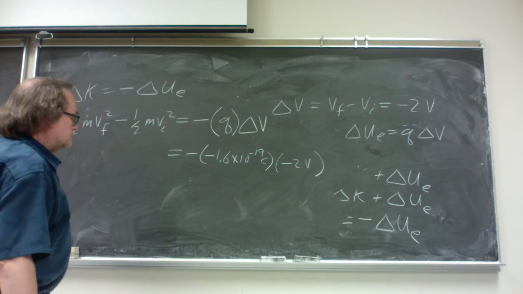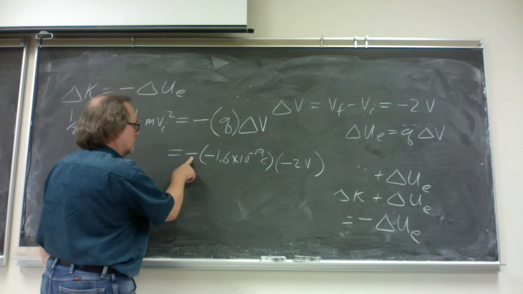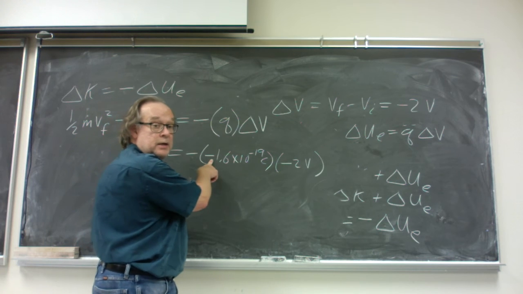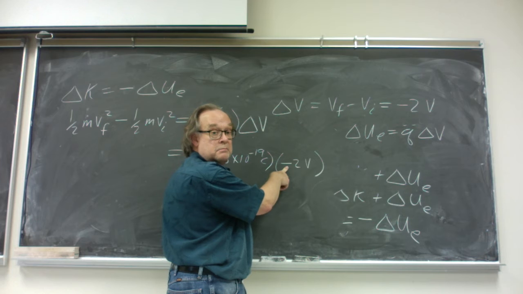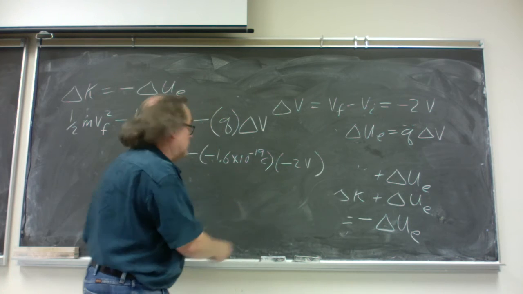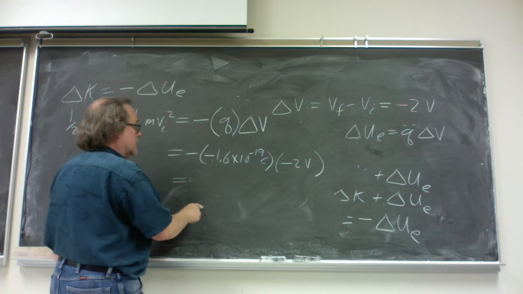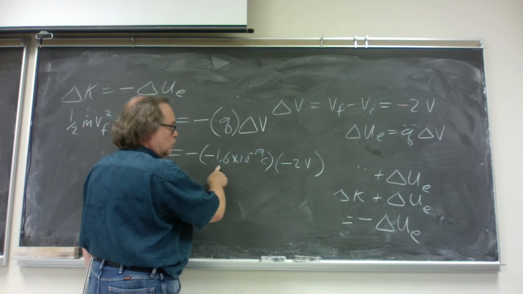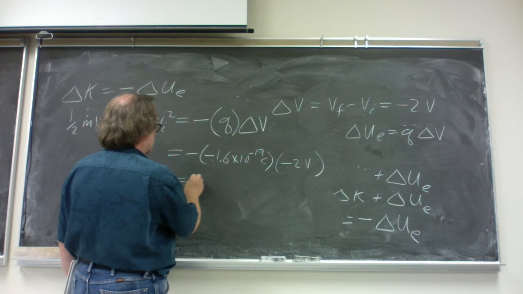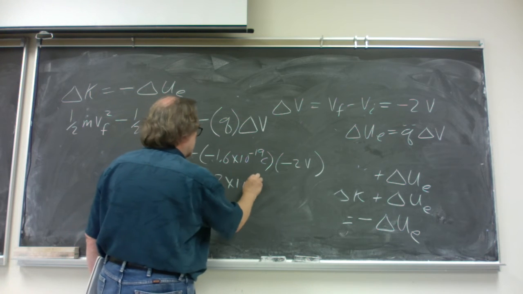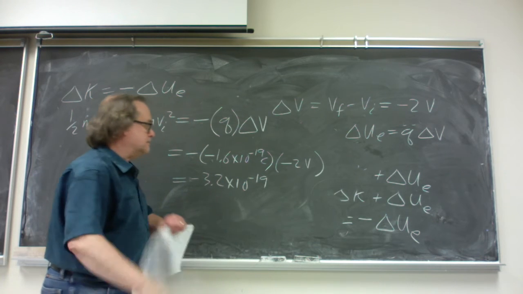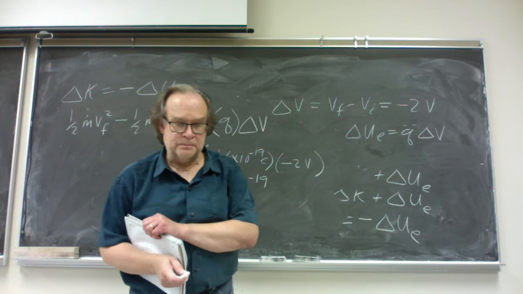Okay, so negative sign times negative sign just gives us positive, and then another negative sign gives us a negative number for the final result here. So it's negative 1.6 times 2, or negative 3.2 times 10 to the minus 19 coulombs times volts.